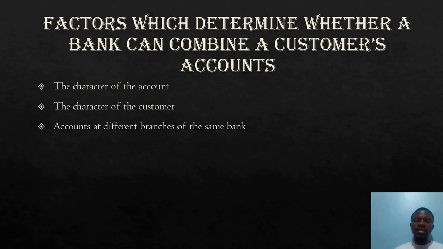The first thing is the character of the account. What is the nature of this account that the customer, who is now a debtor, has with the creditor, who is now the bank? If, for example, as I've explained, you as a banker have somebody who is owing you money and he has two accounts. Take me, for example, I run a foundation.